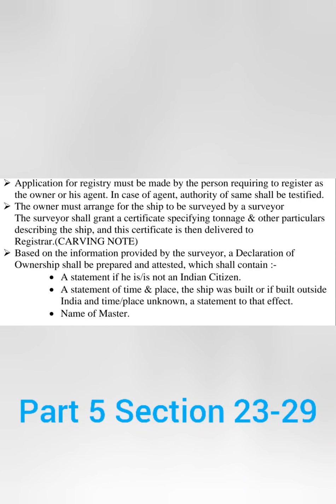The owner must arrange for the ship to be surveyed by a surveyor. The surveyor shall grant a certificate specifying tonnage and other particulars describing the ship, and this certificate is then delivered to the registrar.